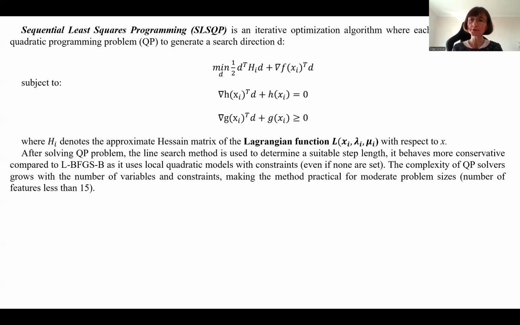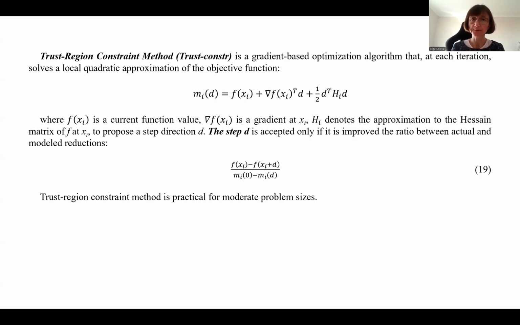This algorithm finds the solution by approximating the Hessian matrix of the Lagrangian function, not of the objective function as in the previous one. The complexity of the quadratic problem solved on each iteration makes this algorithm better suited to a moderate dataset, the number of which is less than 50.